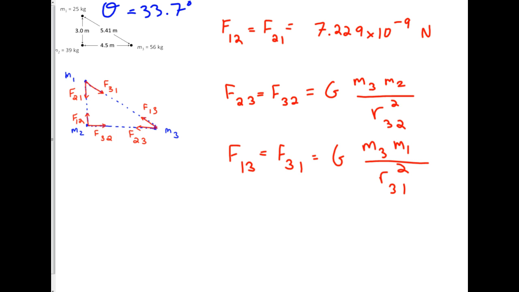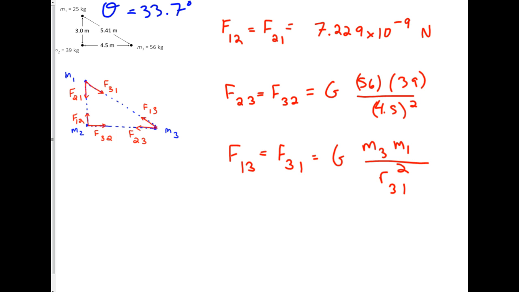I'm going to do the same thing for the next force. For M3, the value is 56. M2 is equal to 39. And the distance between those two masses, between 2 and 3, is 4.5. Don't forget to square 4.5.